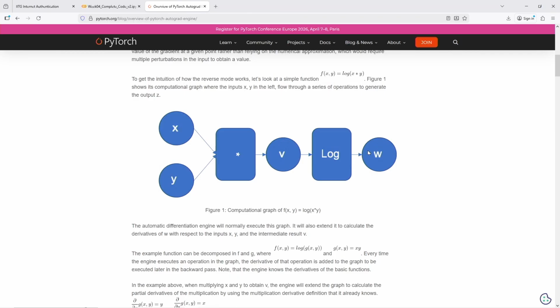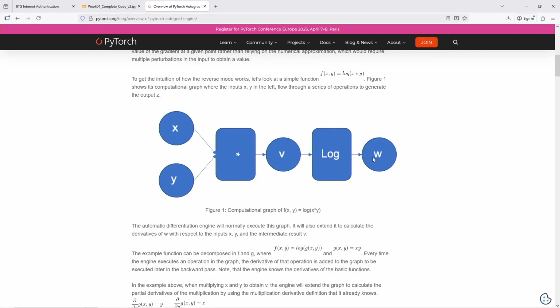So we need to backtrack through which operations the input traversed until the output, so that we can apply the calculus chain rule, because we usually use the chain rule to compute the gradient of the loss function with respect to all the inputs, and that is why you need to track all the operation derivatives.